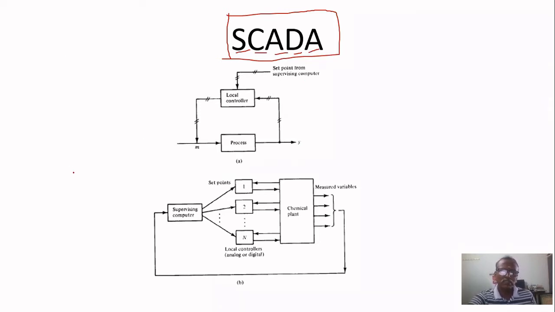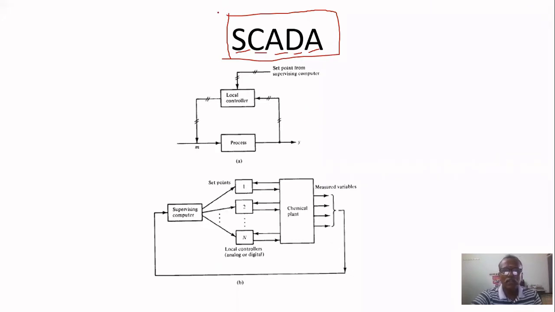When the digital system was introduced, all the plants in the world had analog controllers. It's a Himalayan task to replace all controllers by digital ones, and because of cost, reliability, and many other issues.